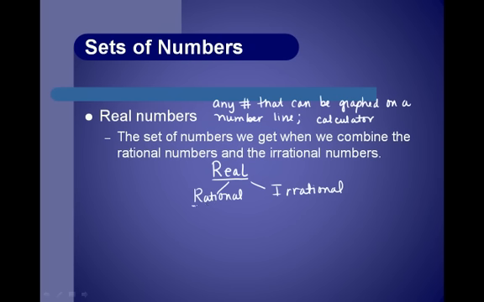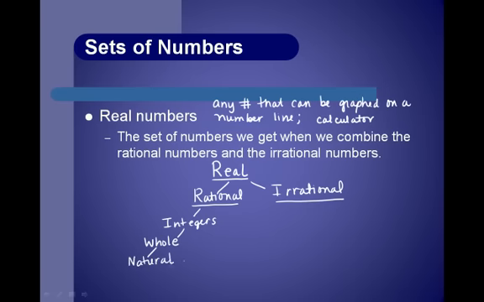If it's a decimal that ends or repeats, it's rational. If it's a decimal that does not end and repeat, it's irrational. The next layer down from rational is the set of integers, which is your positive and negative whole numbers. The next set under integers are your whole numbers, and then under that would be your natural numbers.